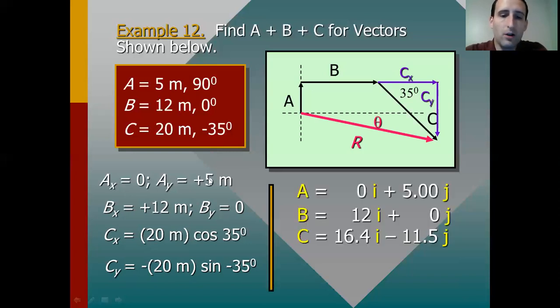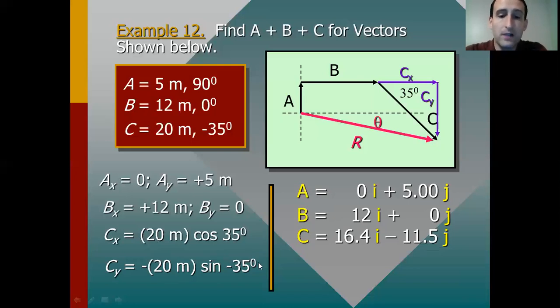So now we get all those values, right? We wrote them as A of x and A of y, but that's equivalent to i and j. So we got 0 and 5, 12 and 0. They computed this. You can compute this on your calculator. 20 times the cosine of 35 comes out to be 16.4, and 20 times the sine of negative 35 comes out to be negative. Actually, that should not be a negative.